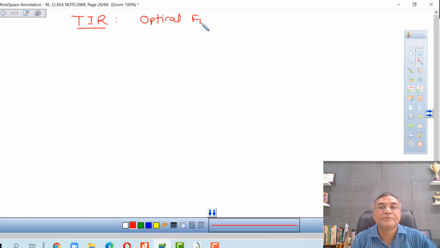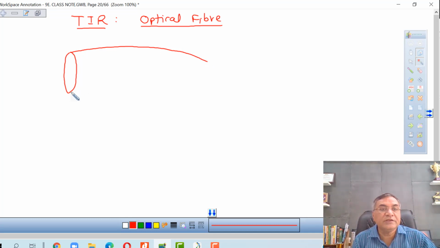Optical fiber works on the principle of total internal reflection. So here the arrangement is made such that, suppose this is my optical fiber. It is actually very thin, but here I draw it thick. It is very thin, micro size. And this is the optical axis.